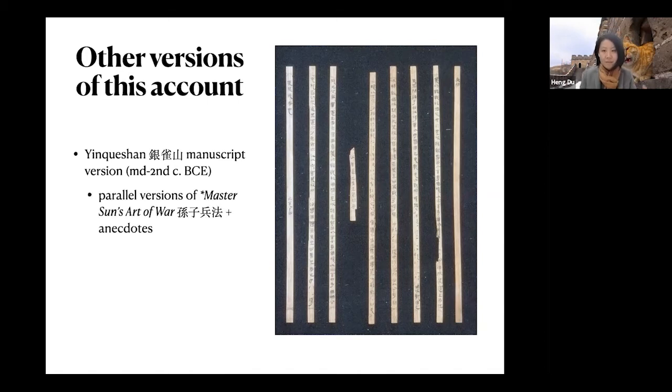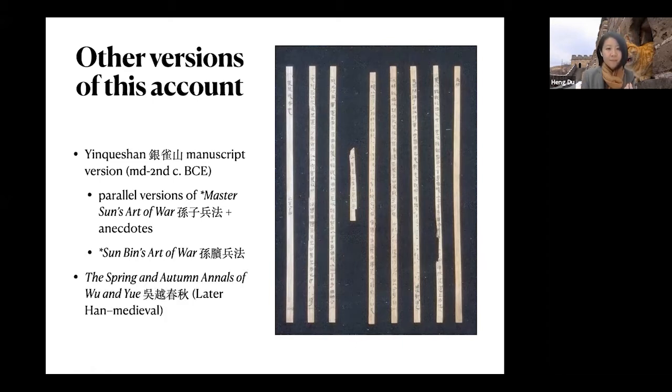This manuscript cache, which is archaeologically excavated, contains a parallel version of the received Sun Zi Bing Fa, but also other texts that are no longer part of the received tradition. It also has a text that editors labeled as Sun Bing Bing Fa, which doesn't have a received counterpart. So the Yinqueshan manuscript contains a version of the consort training anecdote I just mentioned.